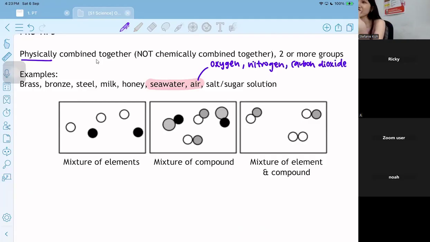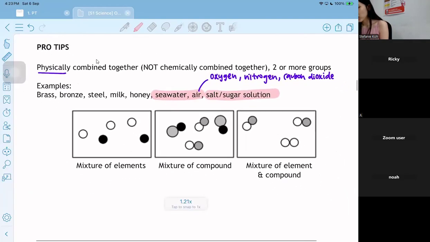They're not reacting, they're just mixing, okay? Like you guys in the classroom, just mixing together. You're not joined together, no. Okay, so this is a mixture. Another common example would be your salt and sugar solution, like your Milo. You put it in, you dissolve, it is just a mixture.